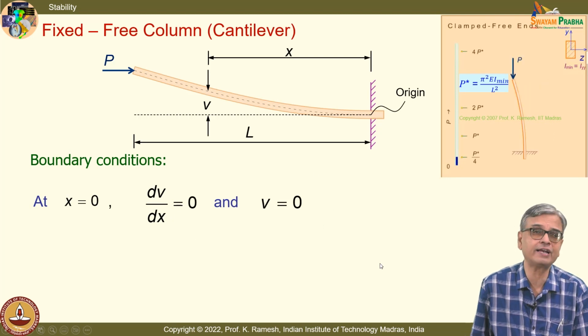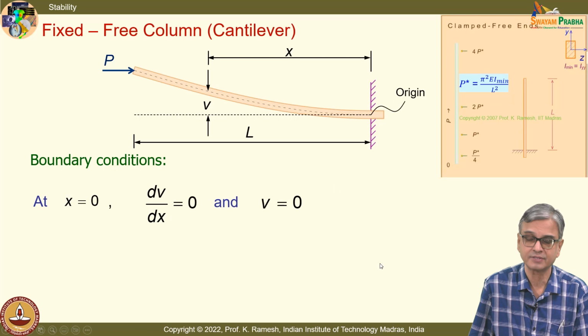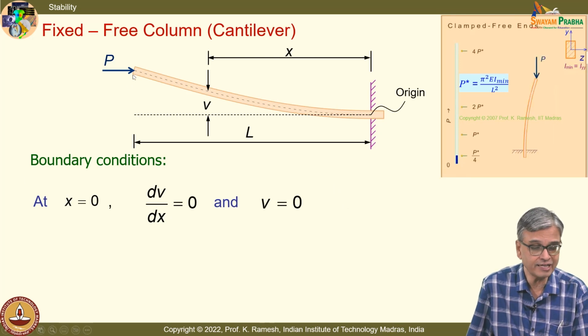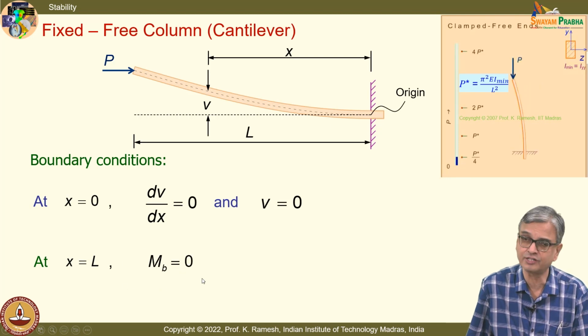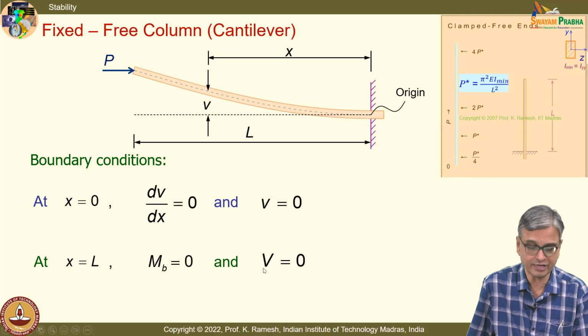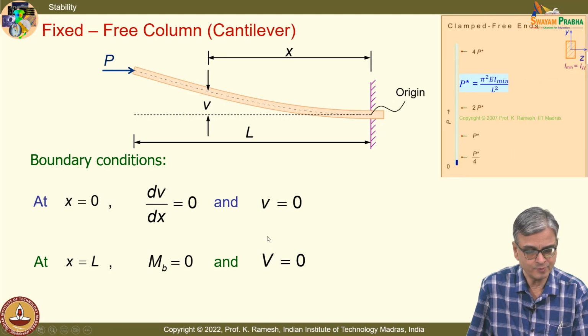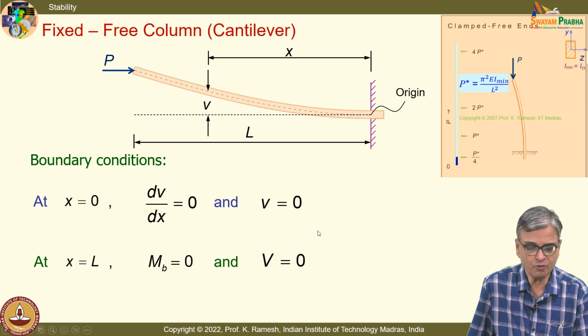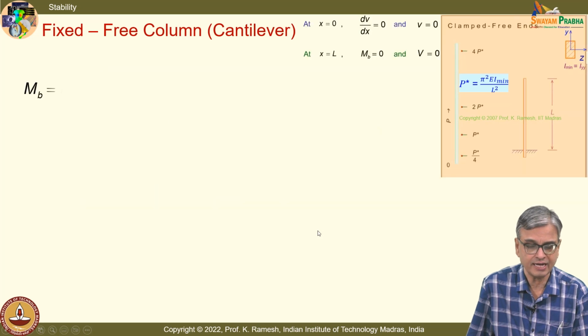So, these go to the deformation picture. We also have boundary conditions based on the equilibrium requirements, that you can write in the NB. Can I have a shear force there? At x equal to L, can I have bending moment there? Bending moment is 0, and your shear force is also 0. So, please understand, when you write, make it a small v, make it a big V. While writing it in the computer, I can do this easily. You must make the distinction, and now you apply the boundary conditions and solve for it.